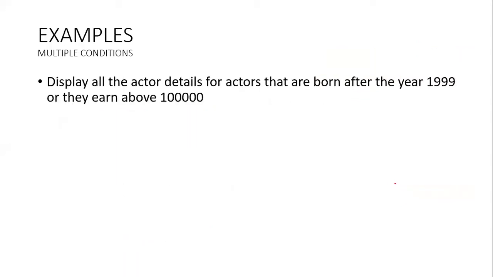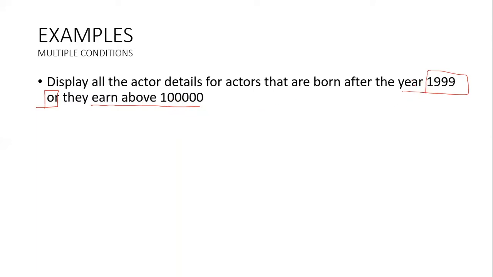In the next example, we want actor details who were born after the year 1999. We looked at how to solve that particular example, how to write that condition, and not AND, OR they earn above 100,000. So this means we can have one of the two conditions hold true.